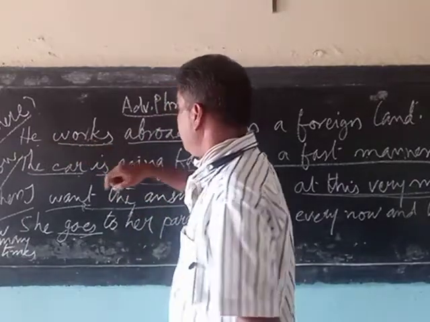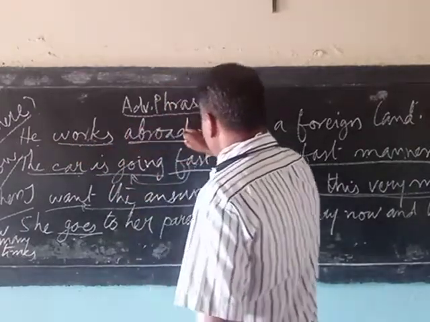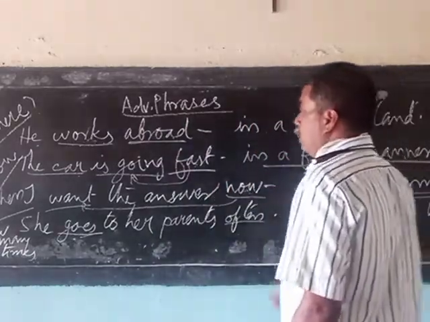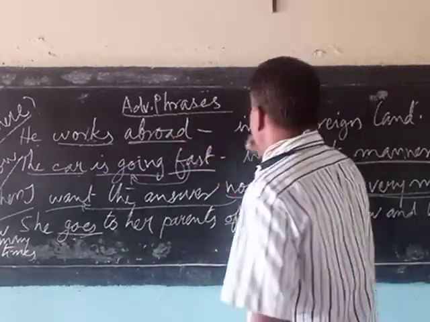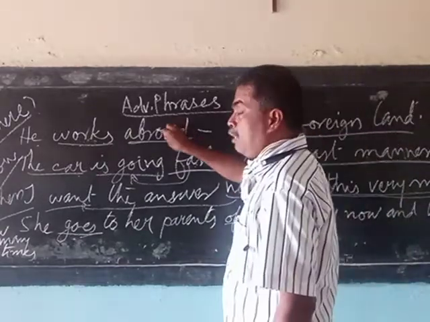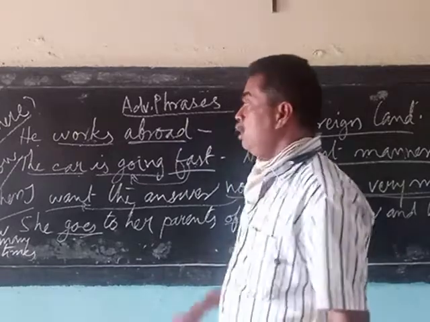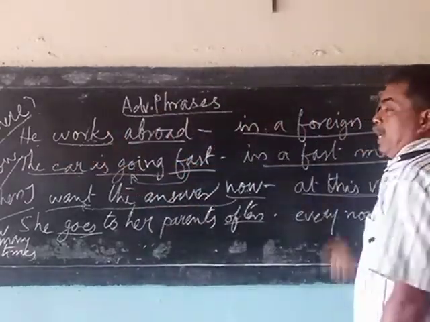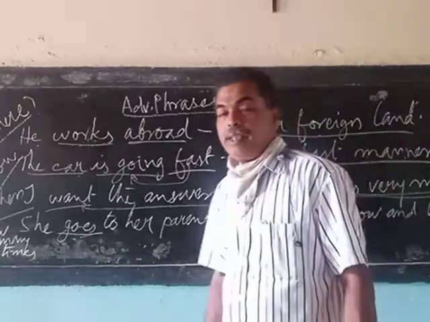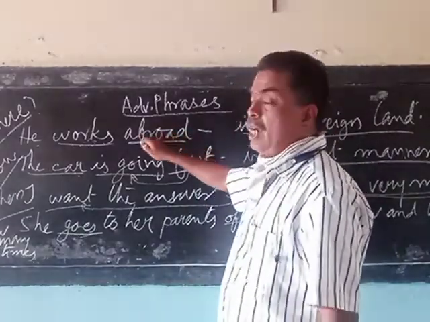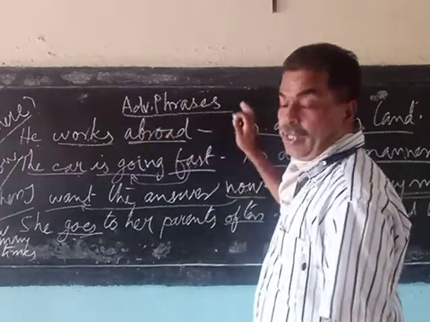The expanded form of abroad is in a foreign land, so this becomes the adverb phrase of the adverb abroad. We can rewrite this sentence by saying he works in a foreign land. That's how an adverb phrase is used in a sentence. This tells about the place, so it is an adverb phrase of place.